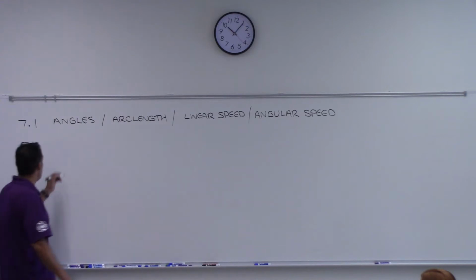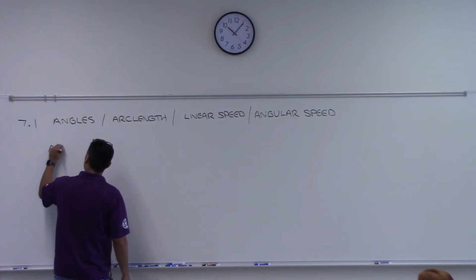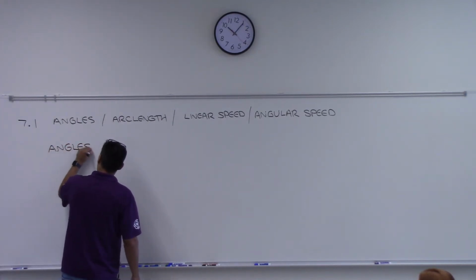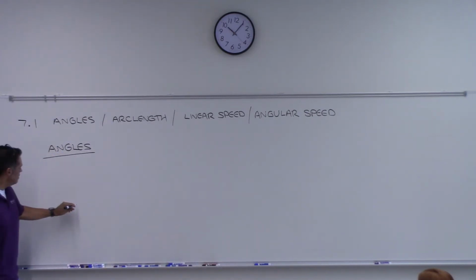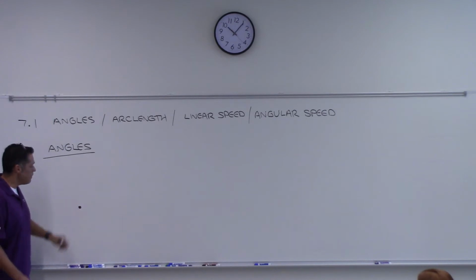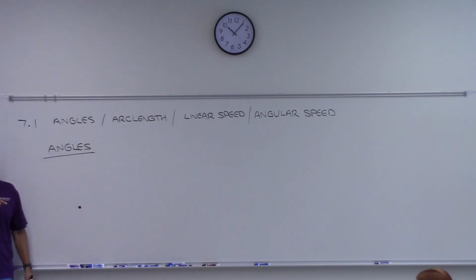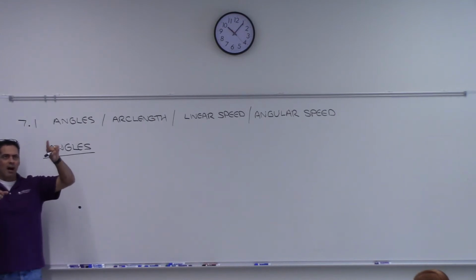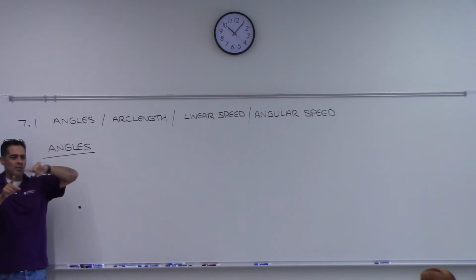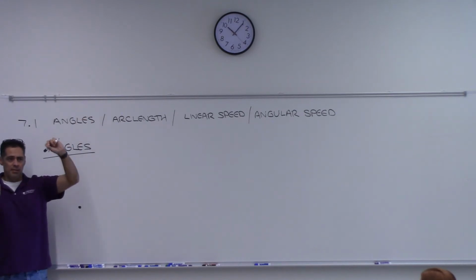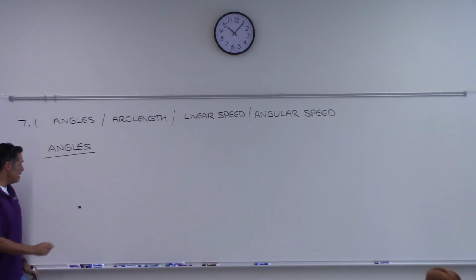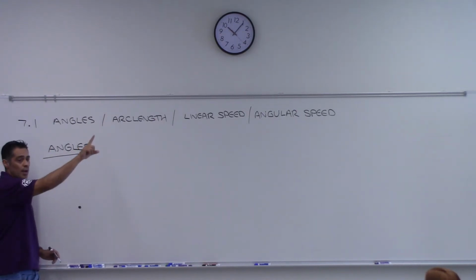The idea of an angle comes from a very simple idea. You start with a point, and then from that point you draw two rays. A line is a geometric object that goes in both directions forever. A line segment is a line connecting two points, and a ray is a line that only goes in one direction forever.